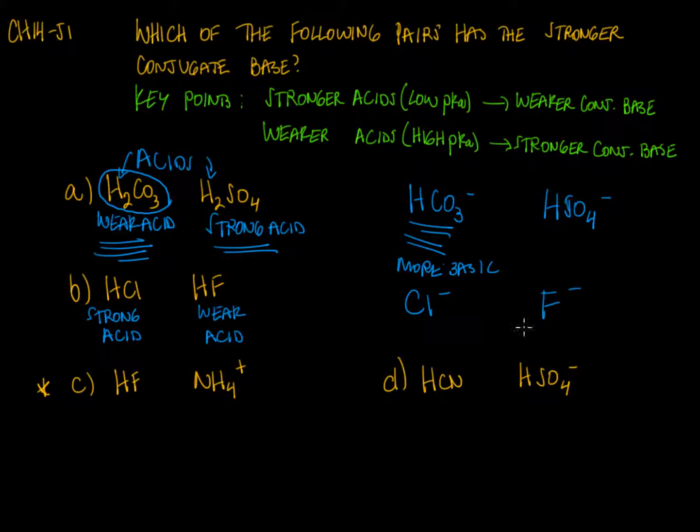Now we know Cl minus is neutral, okay? We are saying that HCl is such a strong acid that its conjugate base is so weak it's even neutral, so this is not even a base. If you have a weak acid, you form a stronger base. So F minus is going to be the stronger base. HF is the acid that forms the stronger conjugate base. I'm going to write here, weakly basic.